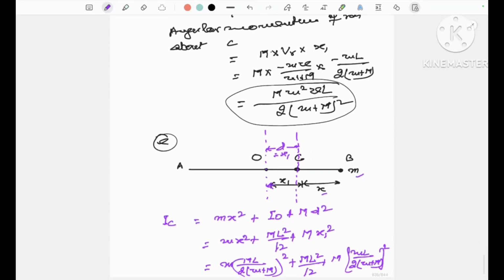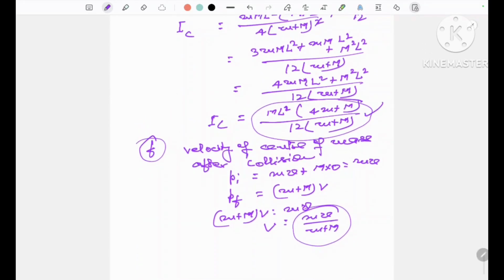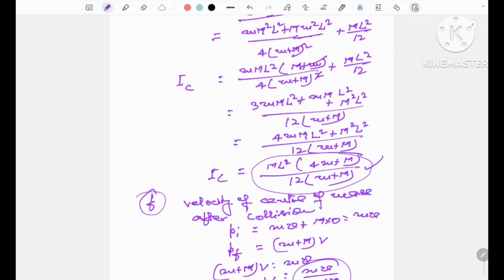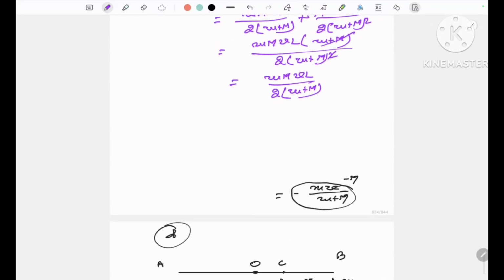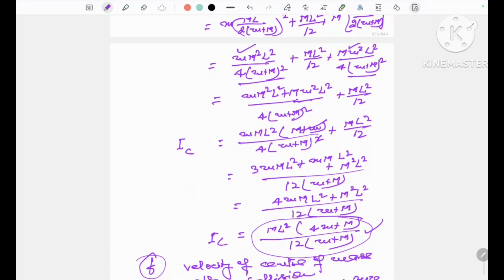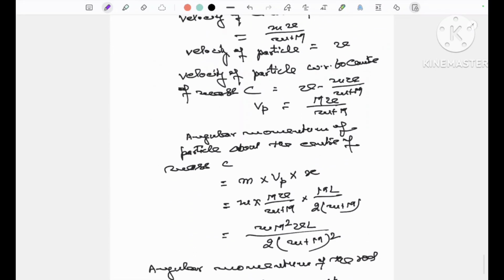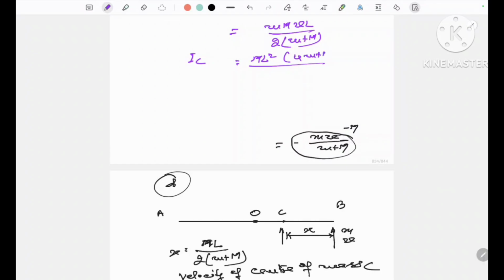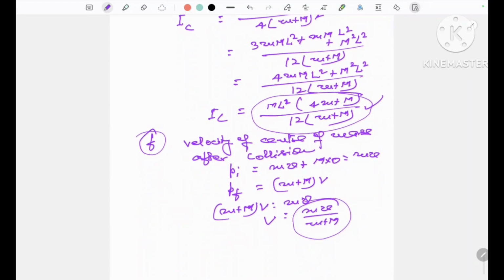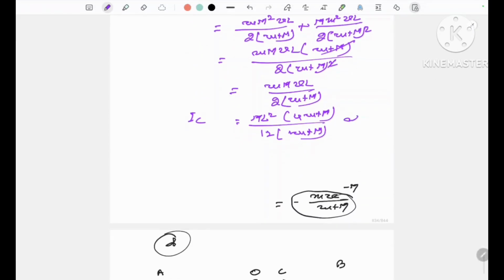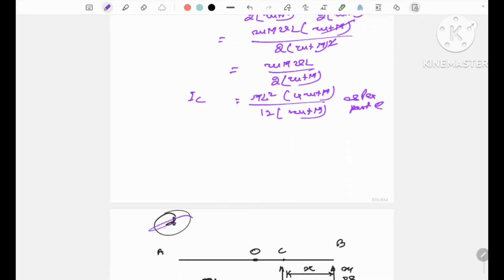And as per part E, IC is M l squared (4m plus M) upon 12(m plus M). Then LC is IC into omega.